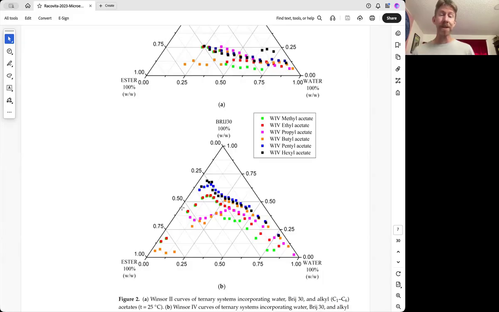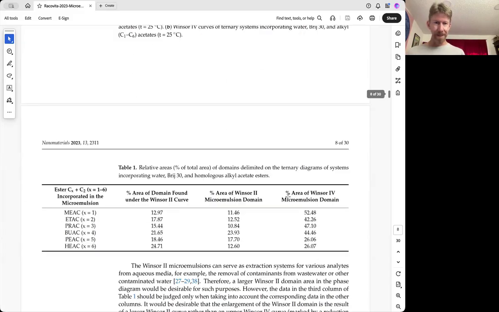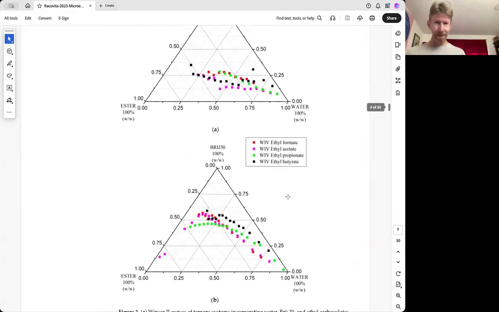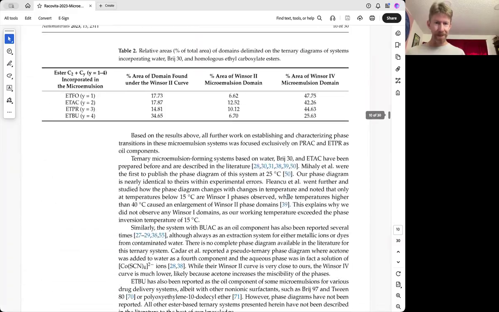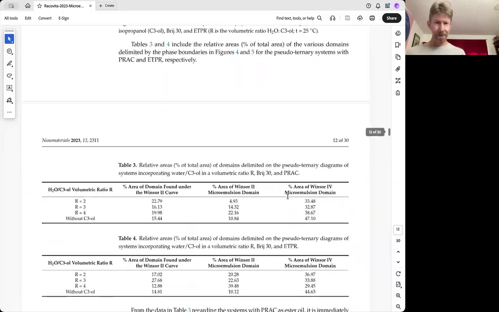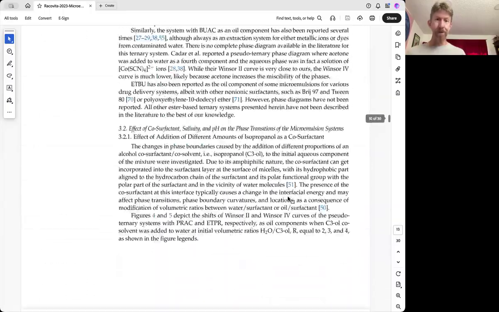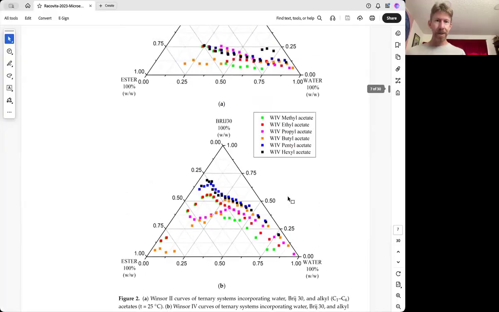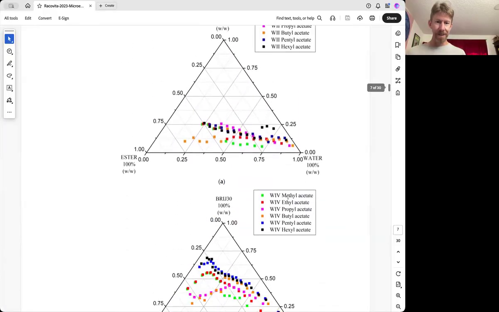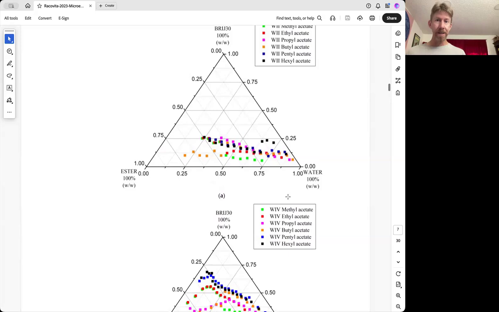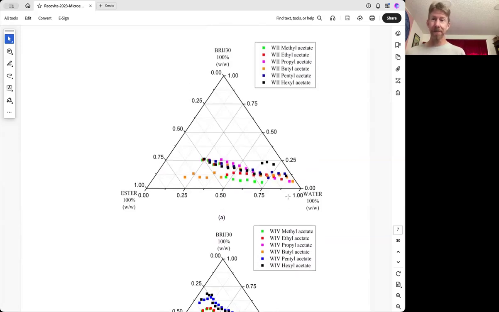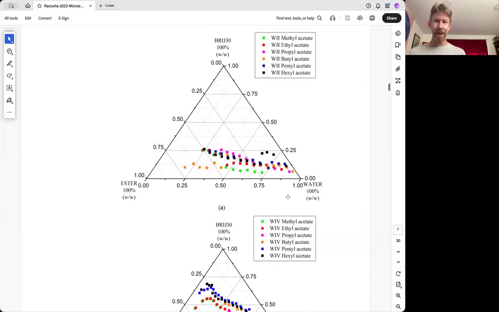And maybe what I would do at this point is try and separate them. And I don't think they do that though. No, they always plot all of them together. So a useful tool, I think, would be to do the phase diagram of, say, just methyl acetate. I think that's something I've seen before, and maybe we'll do that.